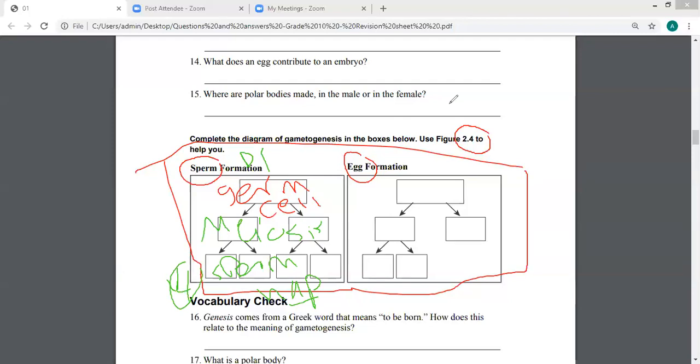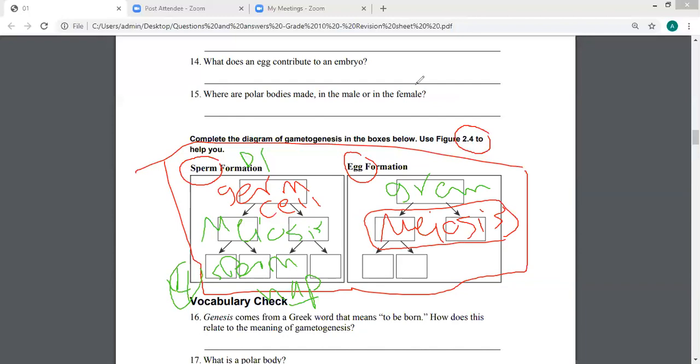It is the same in the formation of egg, or the production of egg. The germ cell in the ovaries is the same, diploid, and will divide by meiosis, but it is different from sperm.